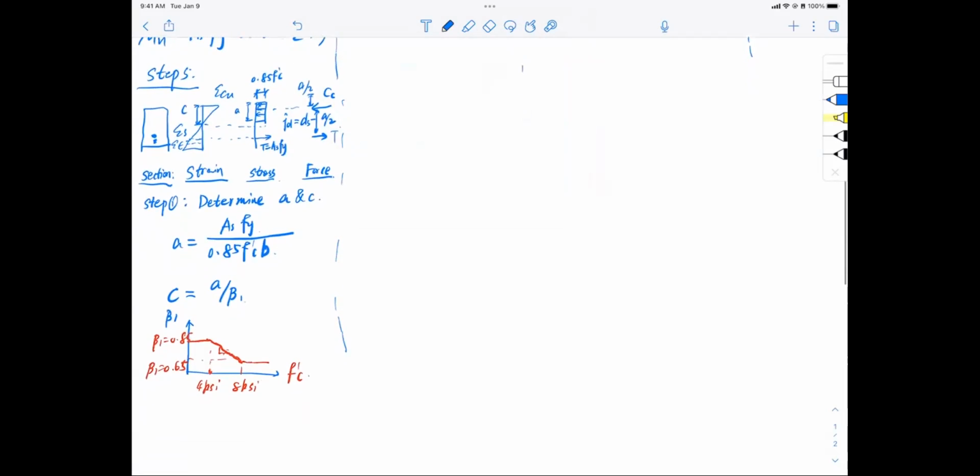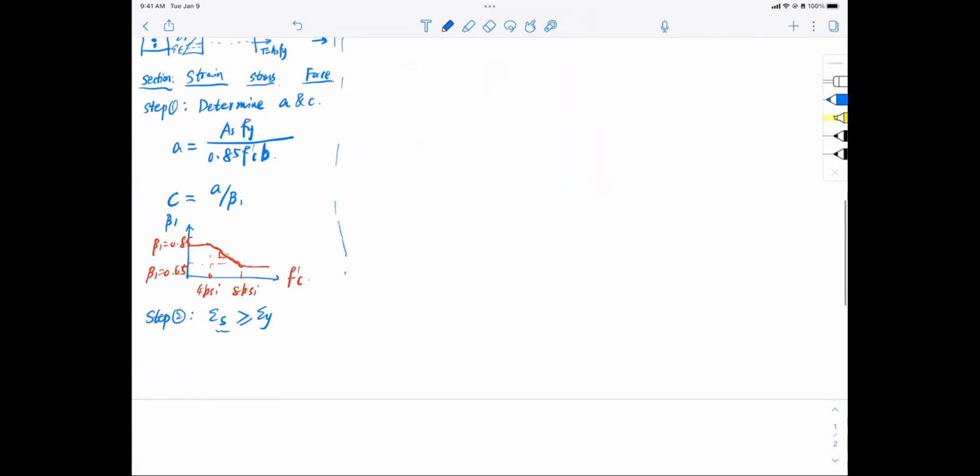Then you can find step 2, which is strain in the rebar, strain in the steel. That is to make sure epsilon s, be careful folks, epsilon s has to be greater than or equal to yield strain of epsilon y here. So how do you do that? Well, you look at the strain diagram. This is epsilon cu.